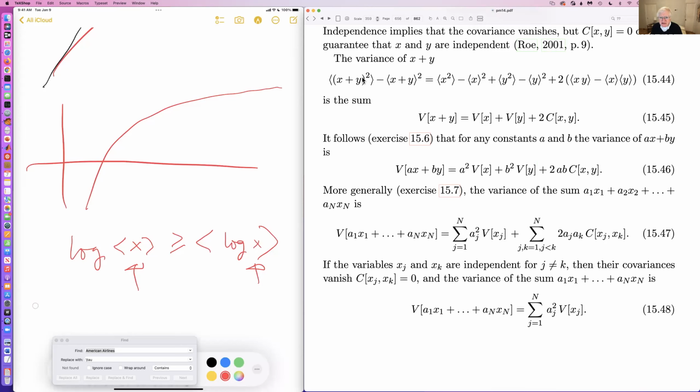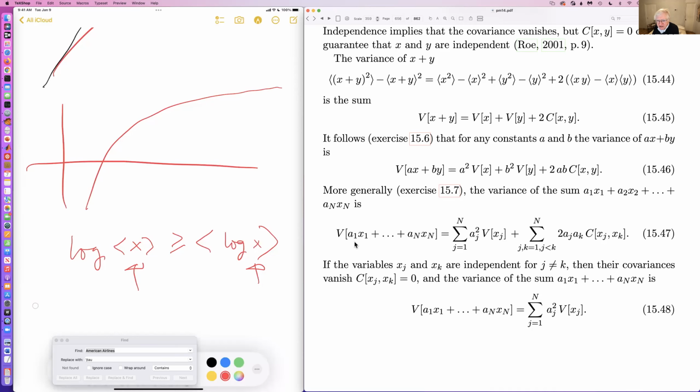The variance of the sum, well, it's the average value of the square of the sum minus the square of the average value of the sum. And if you multiply that out, you get the variance of x plus y is the variance of x plus the variance of y plus twice the covariance. And if you put in arbitrary constants a and b, you get an expression that looks like this.